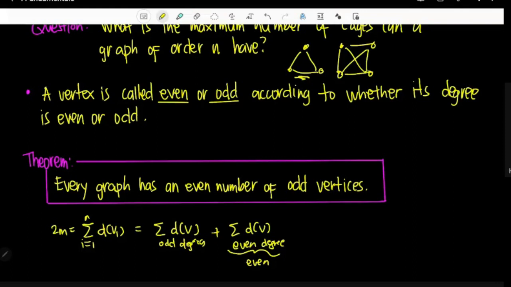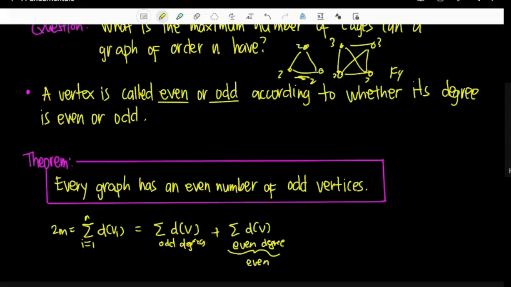What is the degree of each vertex? Lahat yan, 2. So, the number of odd vertices is 0, which is even. For K4, the degree of each vertex is 3. And how many vertices have odd degree? All of them, which is 4. And 4 is an even number.